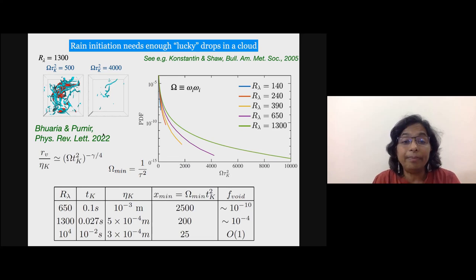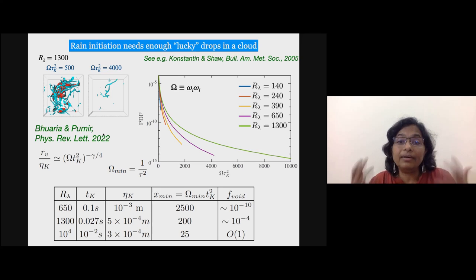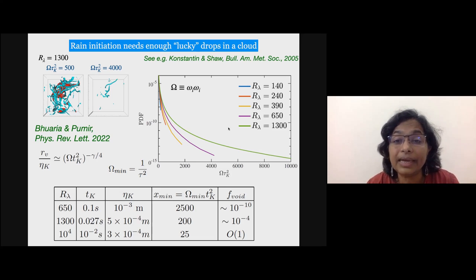And this paper has been a saving grace for us. It's been a way to calculate whether or not a cloud can have enough lucky droplets for rain initiation from single vortex caustics.